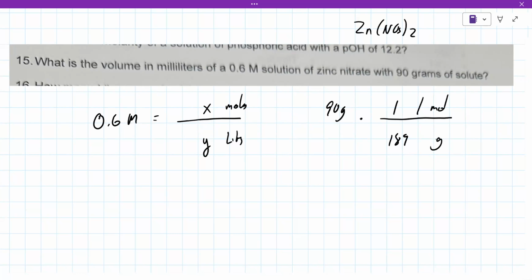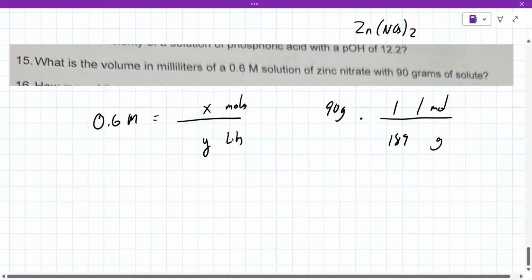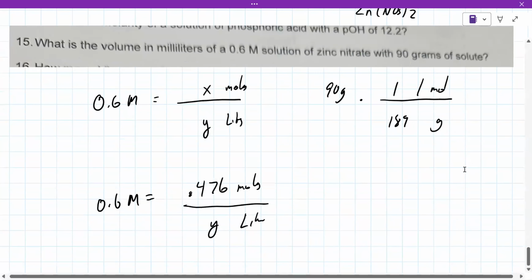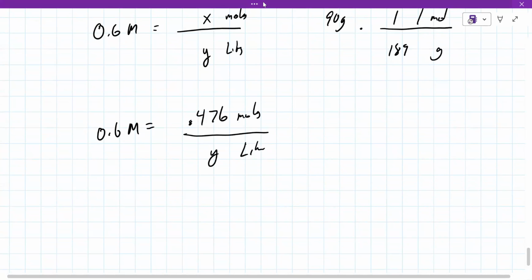So that's 0.476 for the moles. Okay, so that's our numerator. I'm just picking the letter Y for liters. 0.6 molar equals that. So you're solving this equation to get Y out of the bottom.